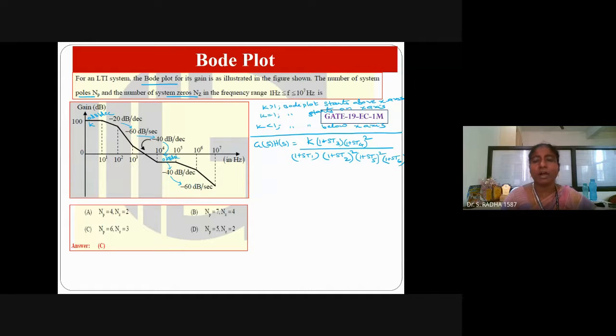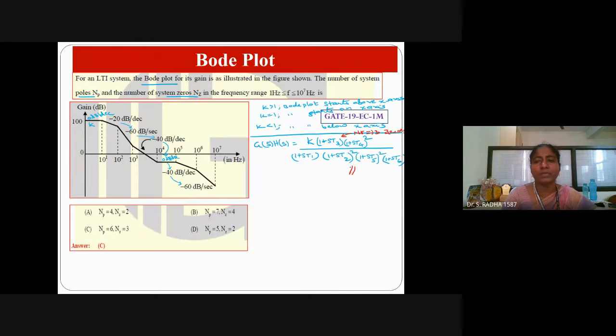But they are asking how many poles and how many zeros. You can see how many factors are in the numerator. The numerator gives zeros. In the numerator, we have a square and one first order factor, so we have 3 zeros.